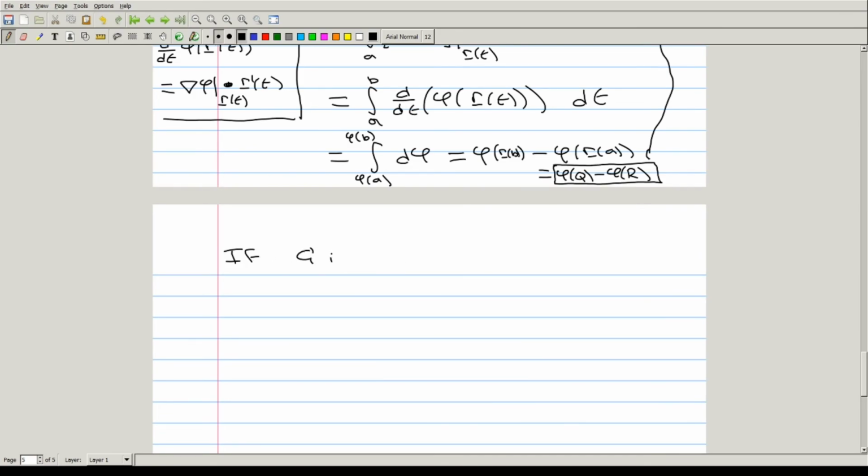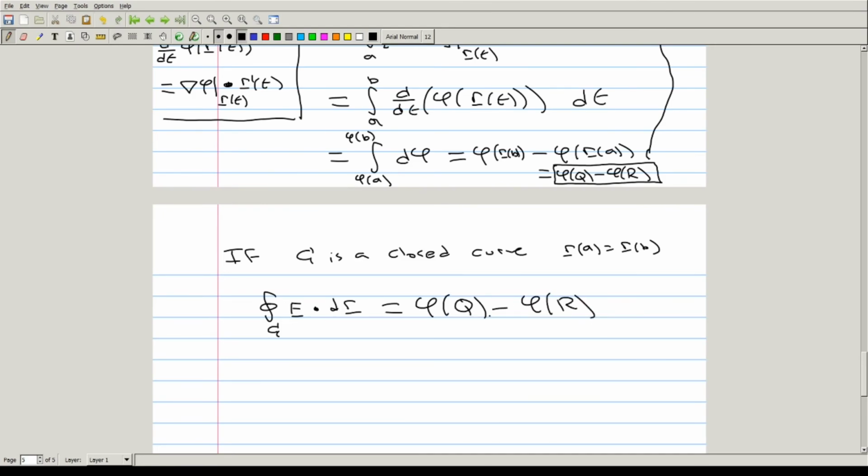if C is a closed curve, so R at A is equal to R at B, that means that the line integral over C of f dot dr, remember this is still in this theorem proof where f is a conservative vector field, is equal to phi at q minus phi at r.